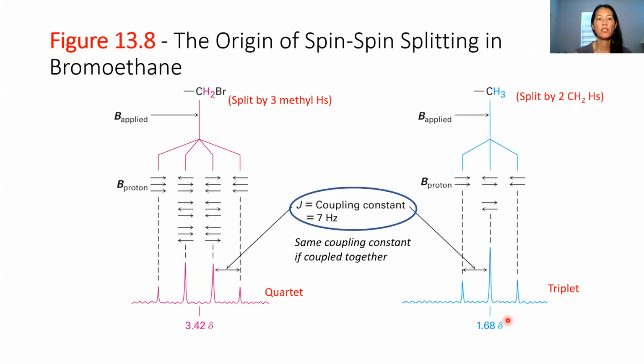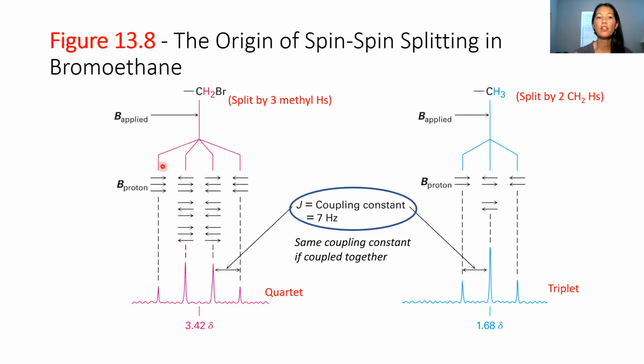Let me just show that visually. I'm going to talk about bromoethane. I'm going to first talk about the CH2 group that's split by the neighboring 3 methyl H's. Those 3 H's can have spins aligned with the applied magnetic field or aligned against it. That's here and here. Or you can have some aligned, some not aligned, all these different permutations.